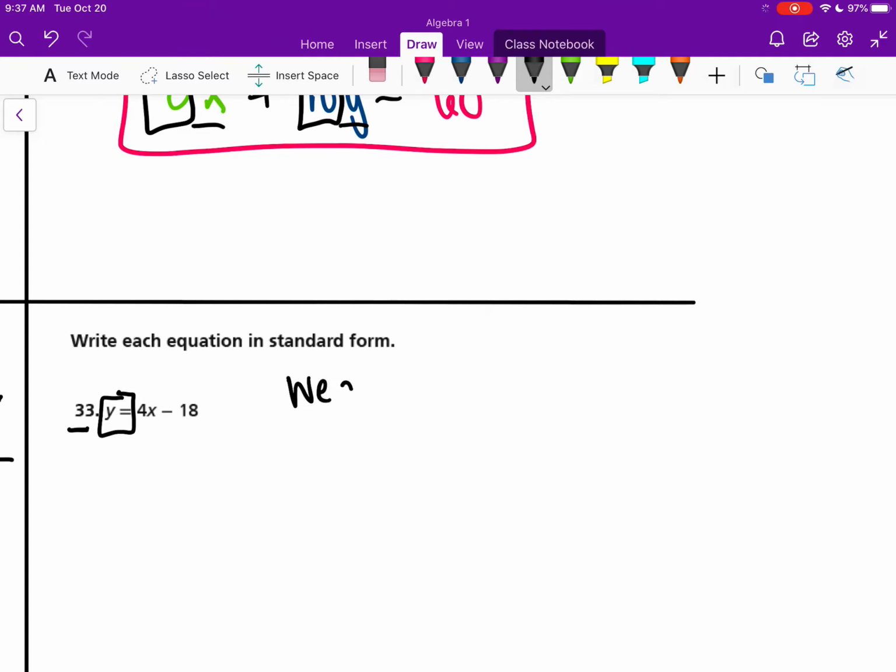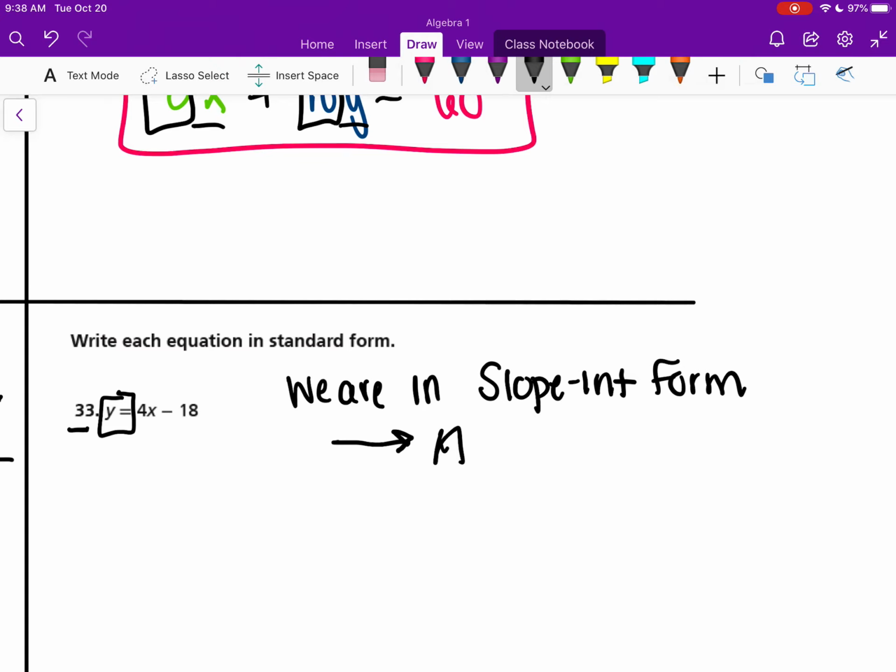So we are in slope-intercept form, and we want to go to standard form, which is ax plus by equals c.